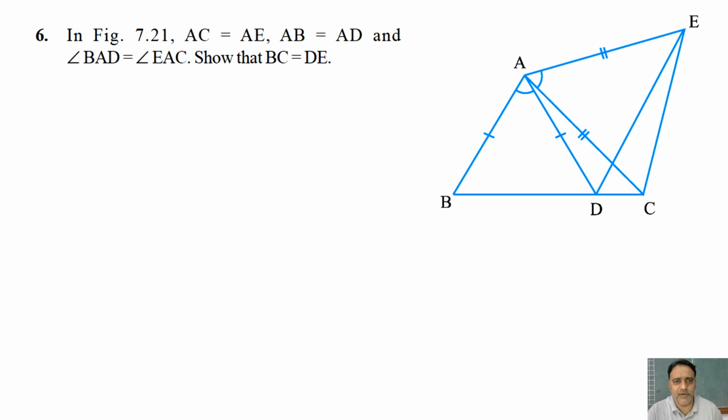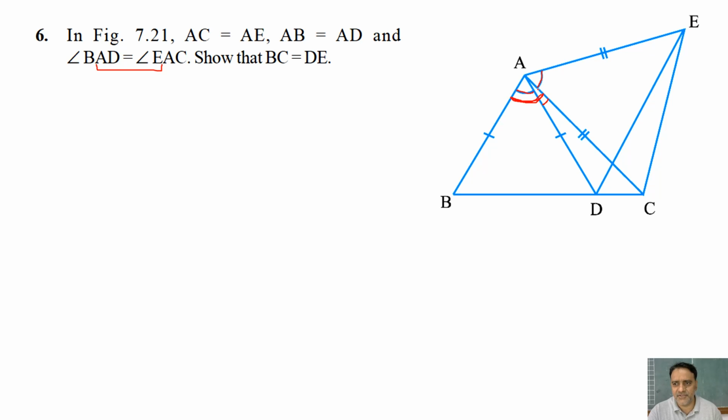In figure 7.21, AC is equals to AE and AB is equals to AD. And these two angles are equal. Now in these two angles we will add this small part. Okay, अगर ये दोनों को ऐड करेंगे तो we will get this full complete angle.